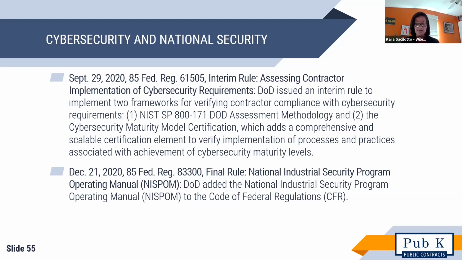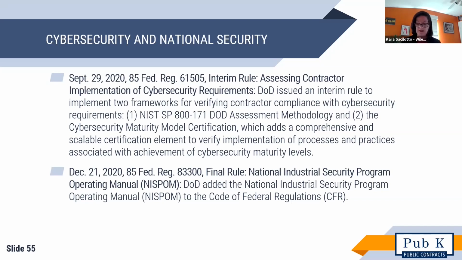This interim rule is interesting because it implements two cybersecurity compliance requirements. The first is the National Institute of Standards and Technology, that Mike referenced earlier, NIST, the NIST standard 800-171, and also the new, forthcoming Cybersecurity Maturity Model Certification Program, or CMMC.